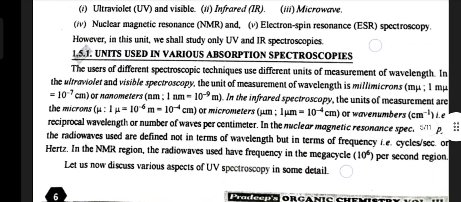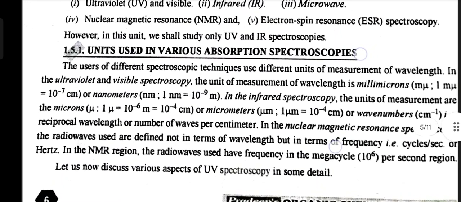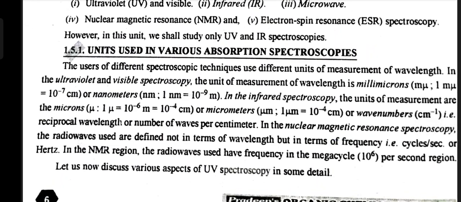The users of different spectroscopic techniques use different units of measurement of wavelength. In ultraviolet and visible spectroscopy, the unit of measurement of wavelength is millimicrons or nanometers. In infrared spectroscopy, the units of measurement are microns or micrometers, or wave numbers, that is reciprocal wavelength or number of waves per centimeter.